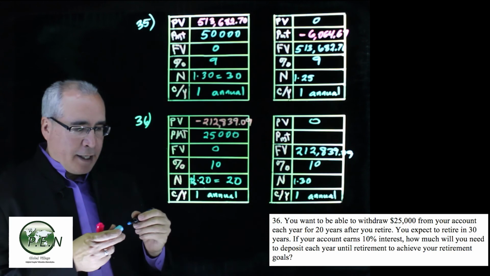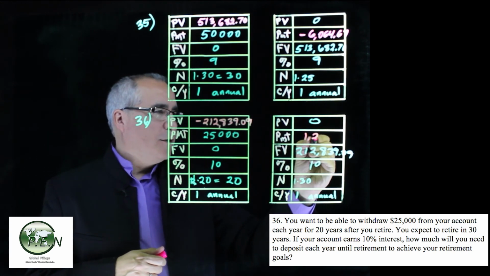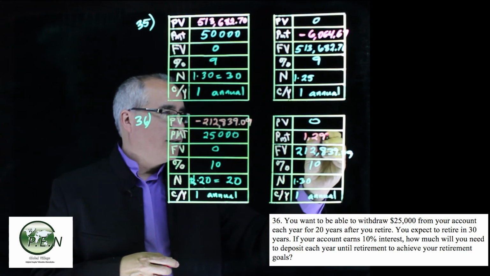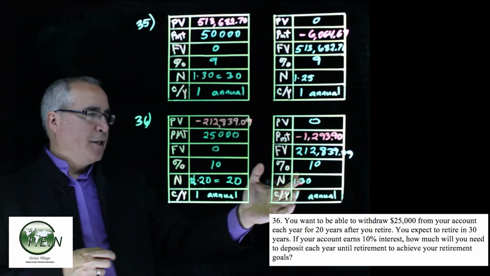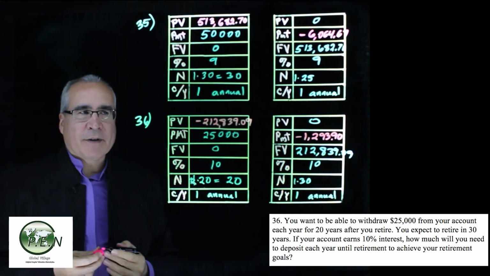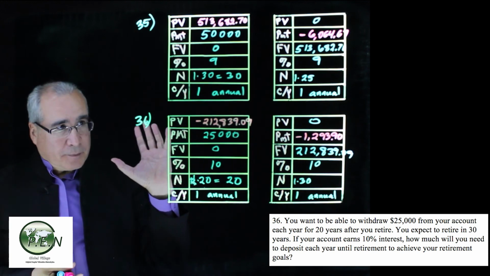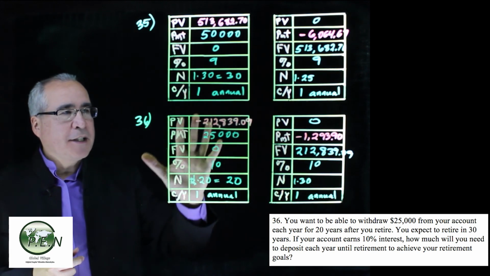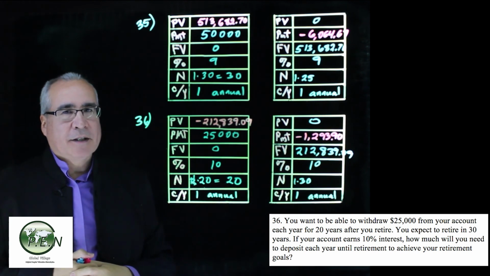So I click on my payment and I find if I save $1,293.90 every year for 30 years, I'll be able to get my $25,000 a year back. Okay, so retirement planning, look to the future, get what our goals are, come back to the present, set up a plan to make it work.